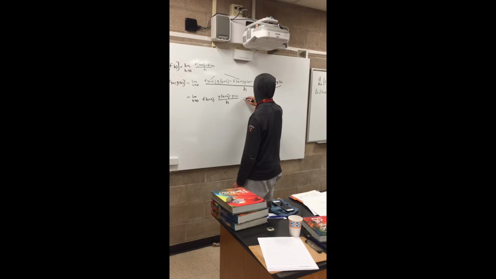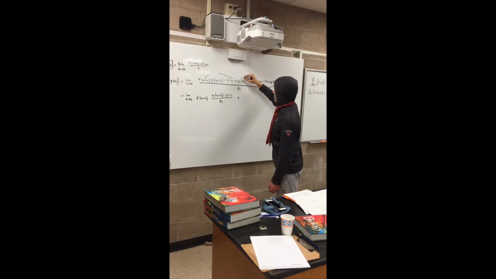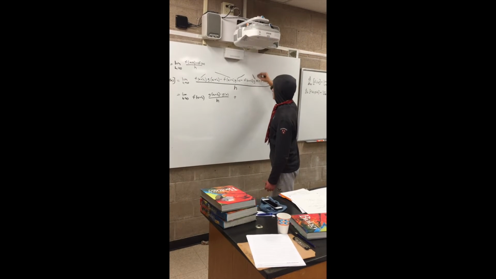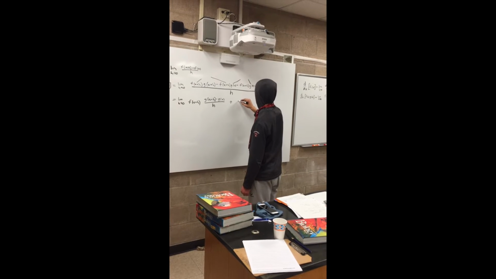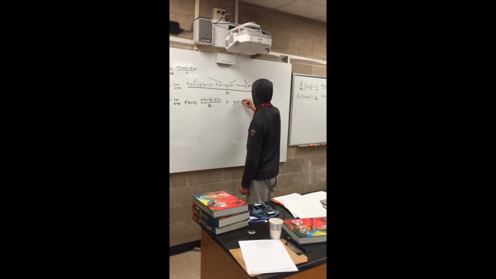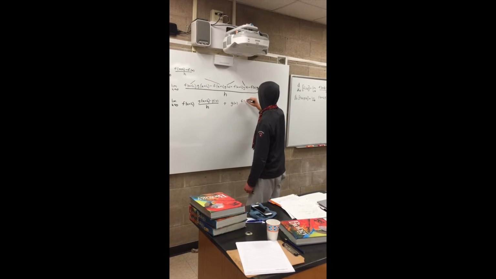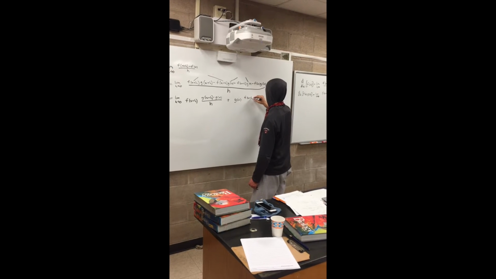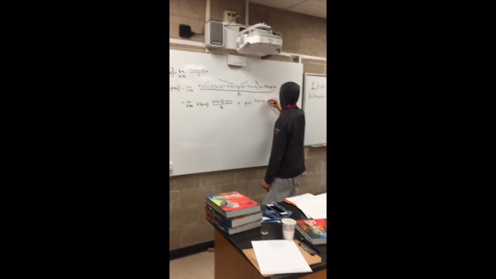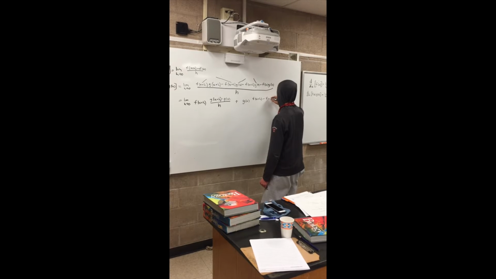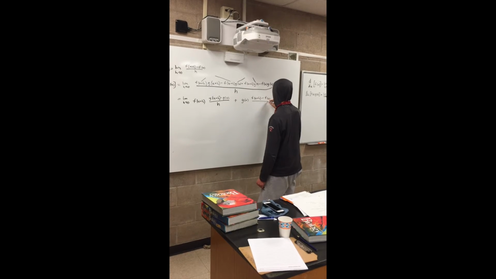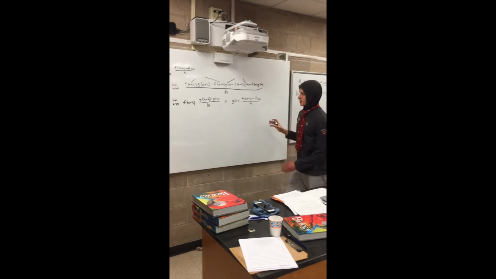And we're going to add it. We're going to take this g of x and this g of x. So we're going to do g of x times f of x plus h minus f of x over h. Okay, so this is the next step.